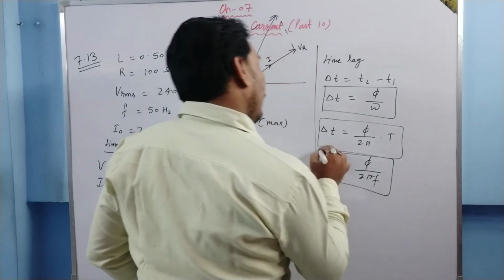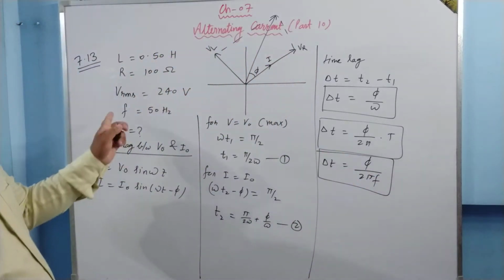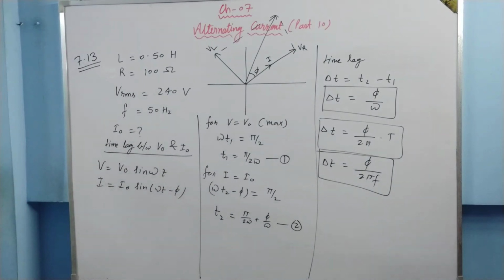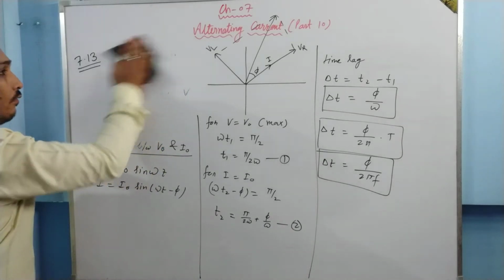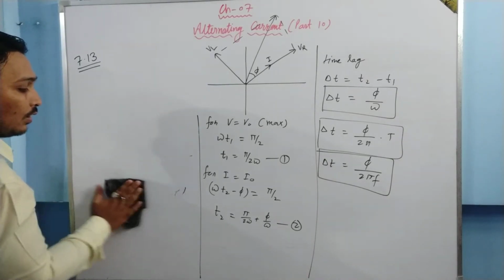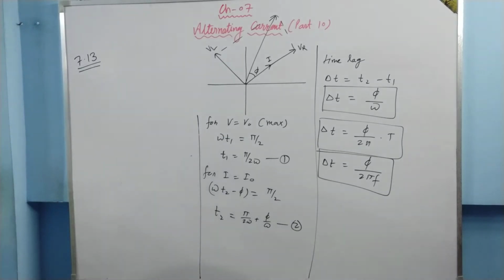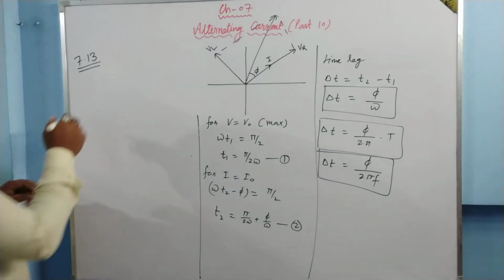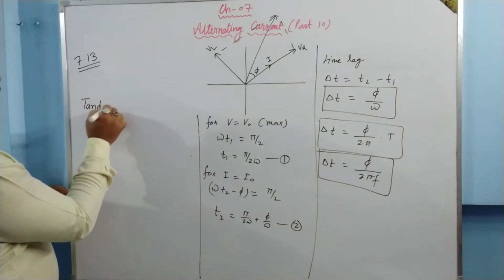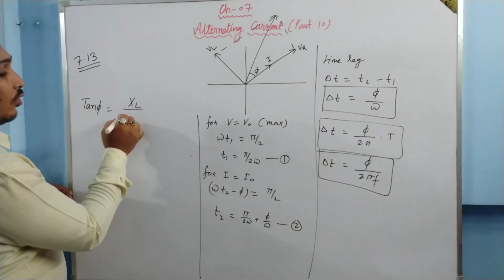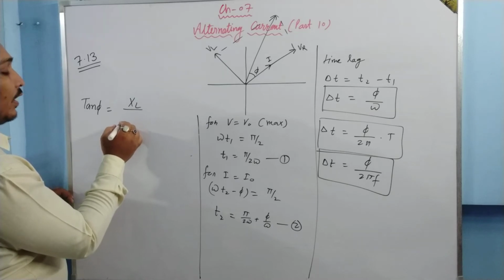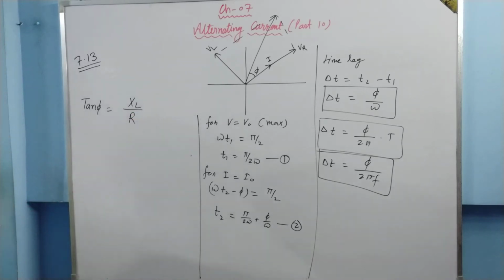So now just see, f is given. It is 50 Hertz. What do you need to calculate? You need to calculate the value of phi, the phase difference between the voltage and the current. For that, I have already told you that tan phi is given as XL upon R. What is the value of XL?